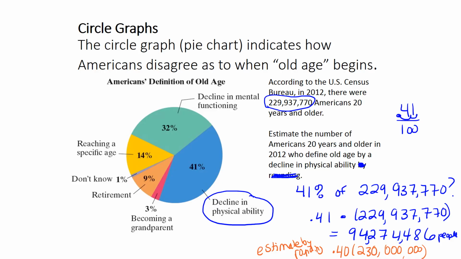If you do 0.4 times 230, that would give you 92. So that would be the estimate by rounding. But right, whenever you want a percent of something, you just change the percent to a decimal and you multiply.